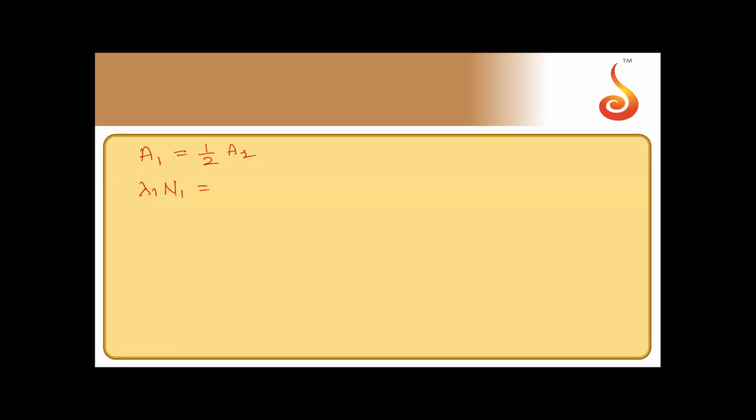So A1 is lambda 1 N1, that is equal to half of lambda 2 N2, because activity is lambda N. Now lambda 1 by lambda 2 is equal to N2 by N1 into half, so it makes it lambda 1 by lambda 2 is equal to N2 by 2N1.